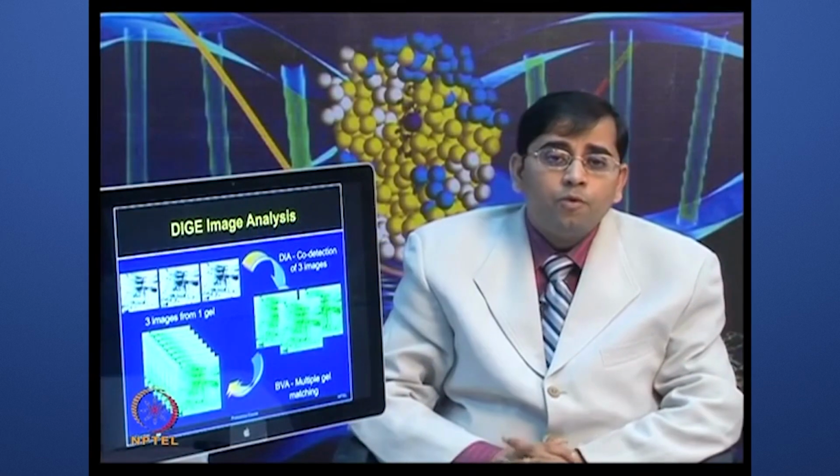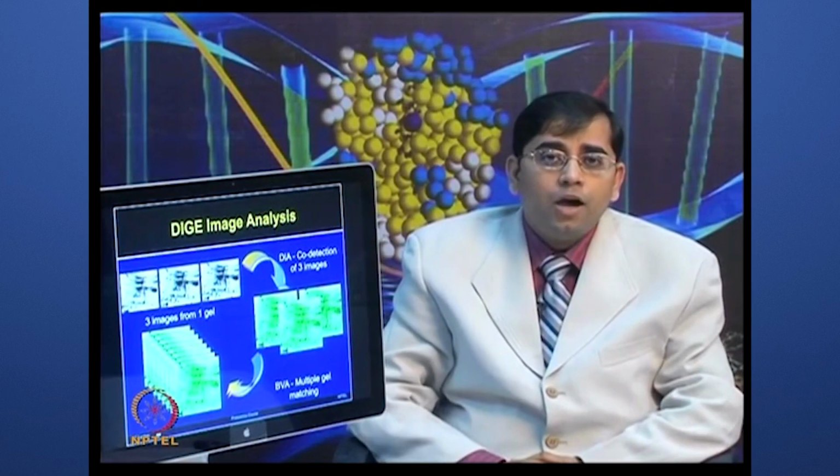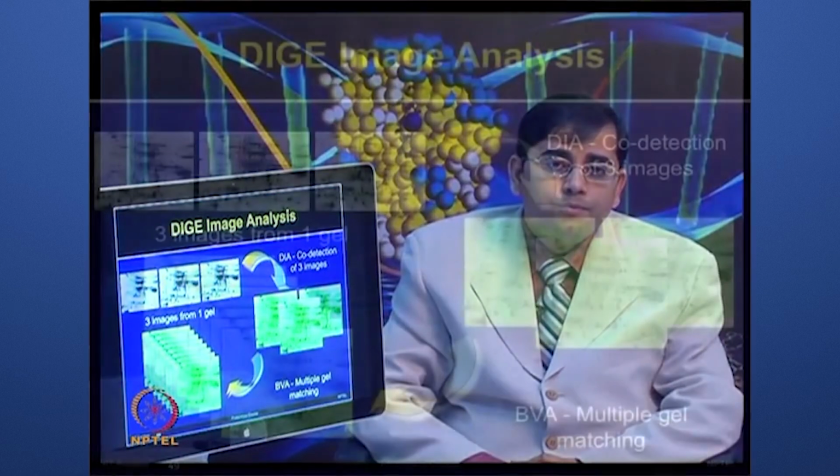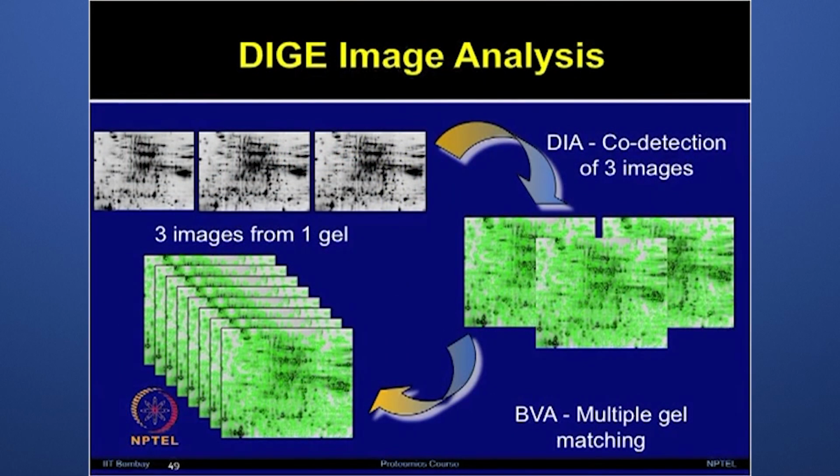From your one gel you have obtained 3 images now, and those can be further analyzed by using DIA, the co-detection of 3 images. I am talking about the software DeCyder, which takes these 3 images into account and makes one image pool from it by the process of DIA.